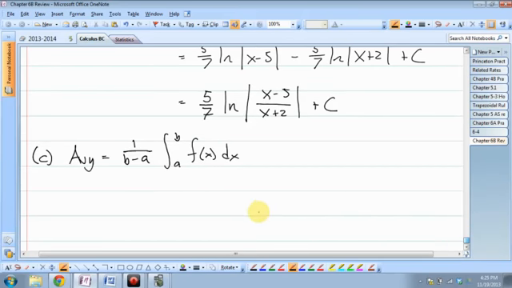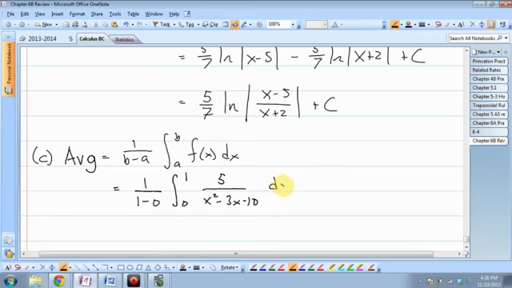It says AVG, average. So in our case, we want 1 over 1 minus 0 times the integral from 0 to 1 of 5 over x squared minus 3x minus 10 dx.